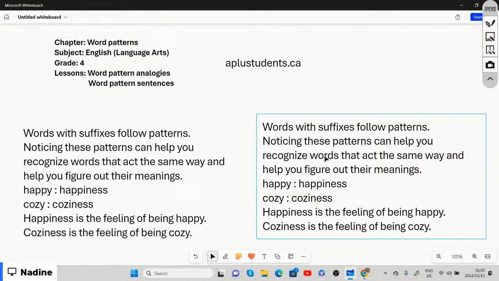All right. So our chapter is word patterns. Our subject is English language arts, grade 4. And the lessons that we are going to be focusing on under the chapter of word patterns are word pattern analogies, as well as word pattern sentences. So that is going to be our focus lessons for today under the chapter of word patterns.